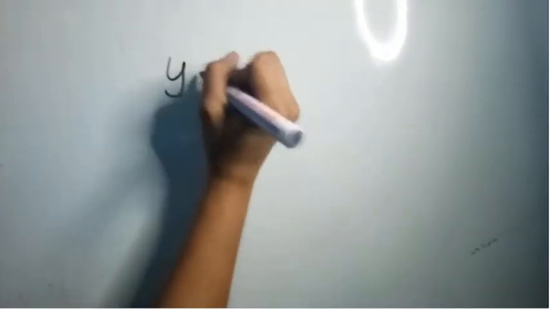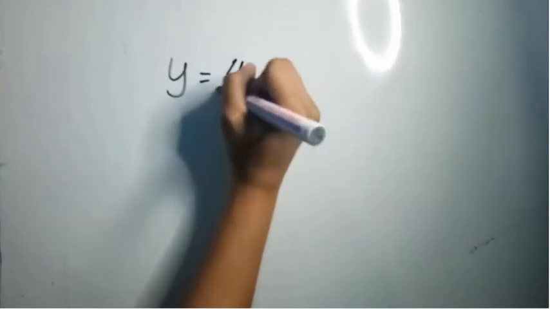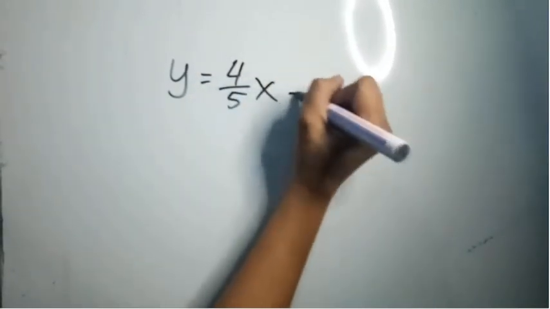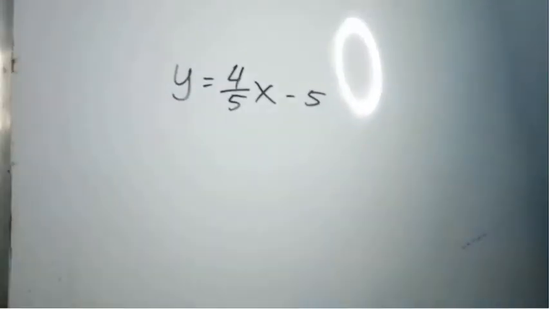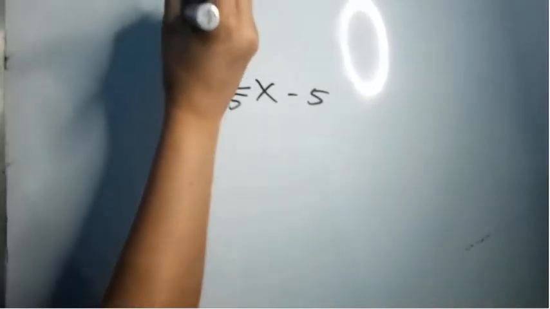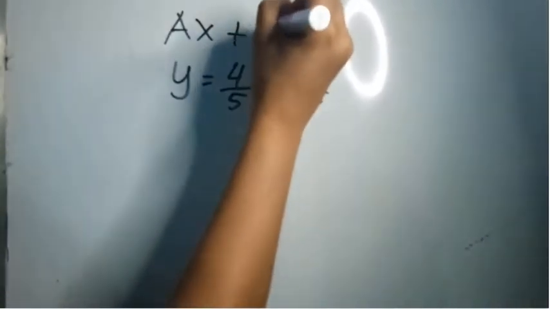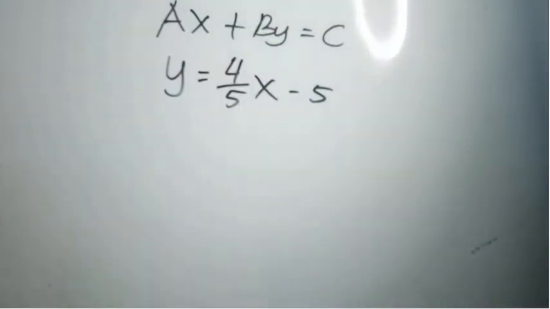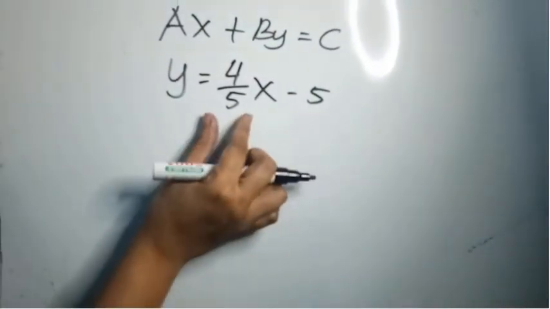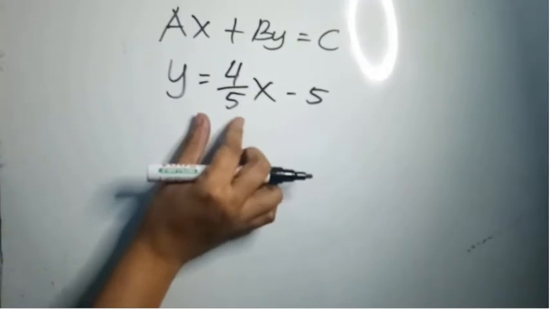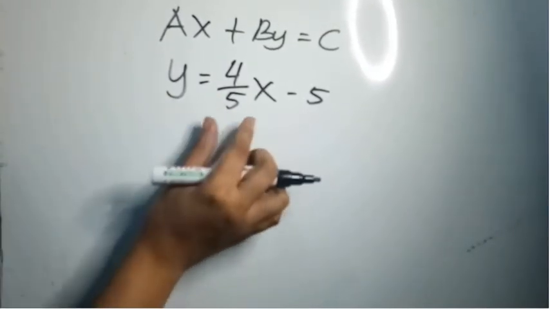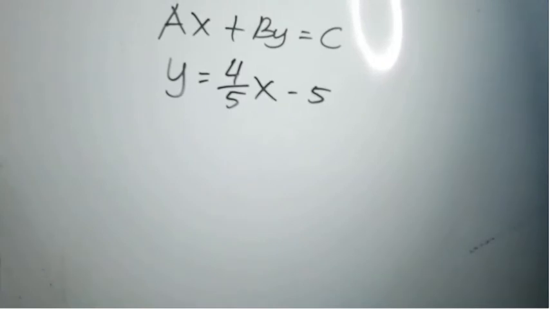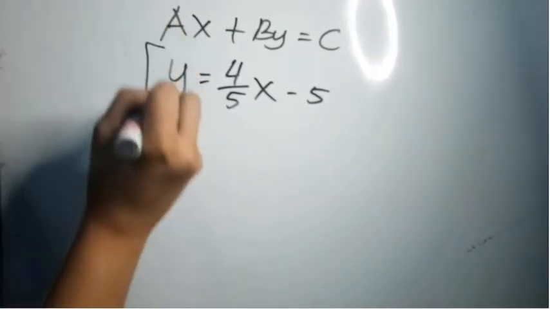So y is equal to 4 over 5 x minus 5. So the standard form that we have is ax plus by is equal to c. So first, we have a fraction. The coefficient of x is a fraction. That means we're going to multiply the whole equation by the LCD.